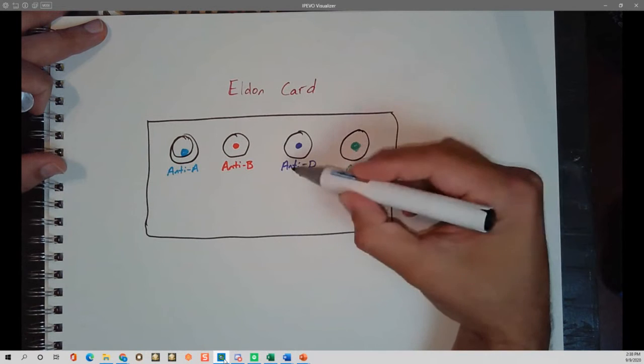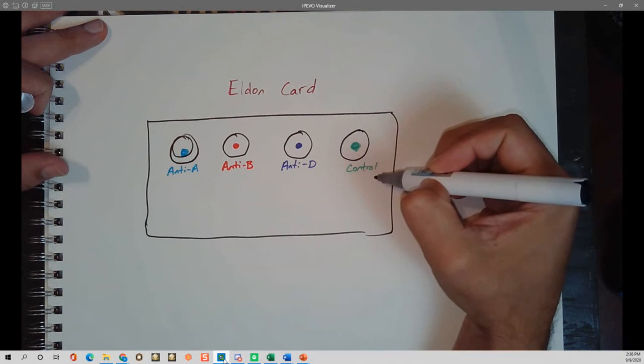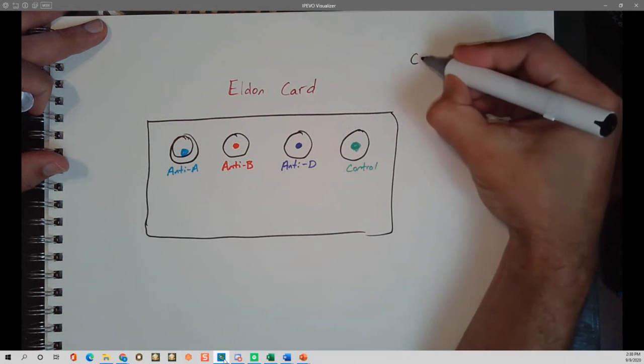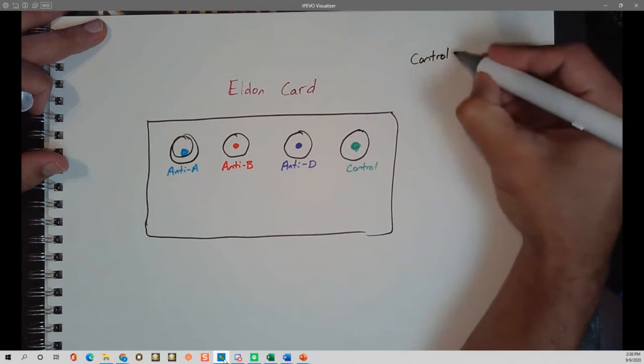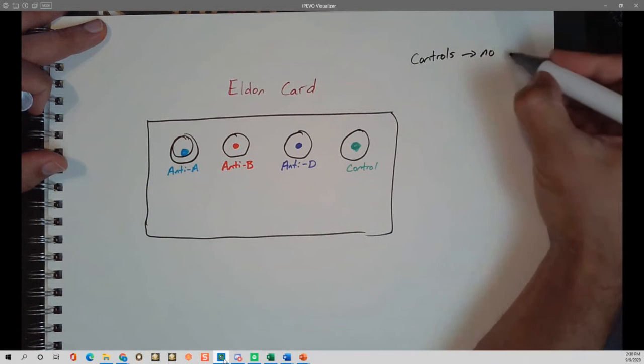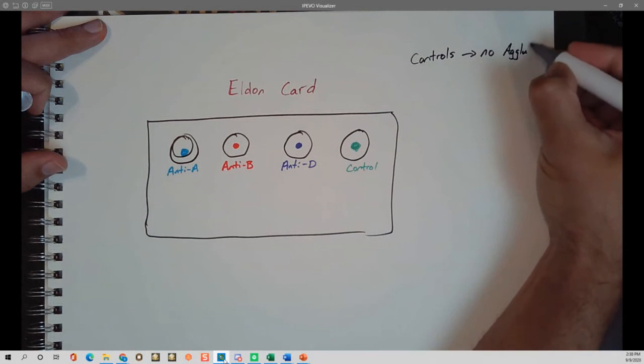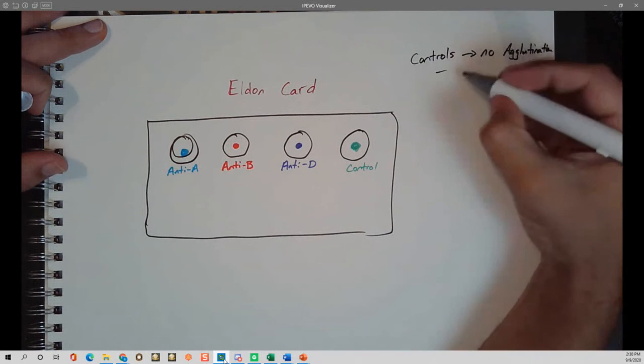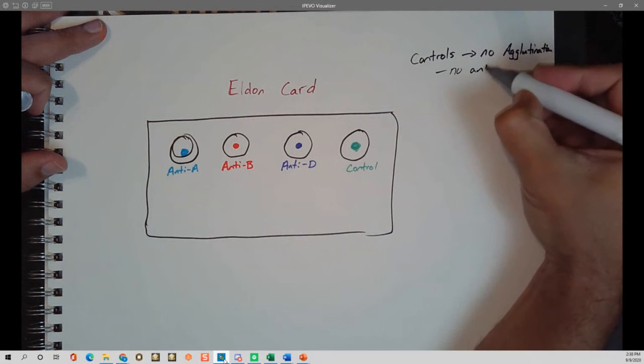So if I have a control with no antibodies, then no agglutination will ever occur. I love that. Controls are important in our understanding. Controls cannot have agglutination. Why? Because there's no antibody to recognize an antigen.